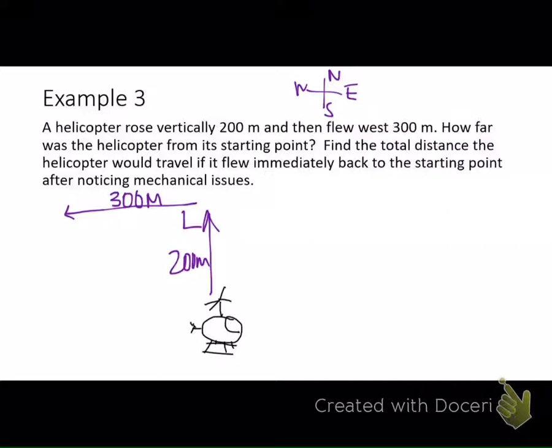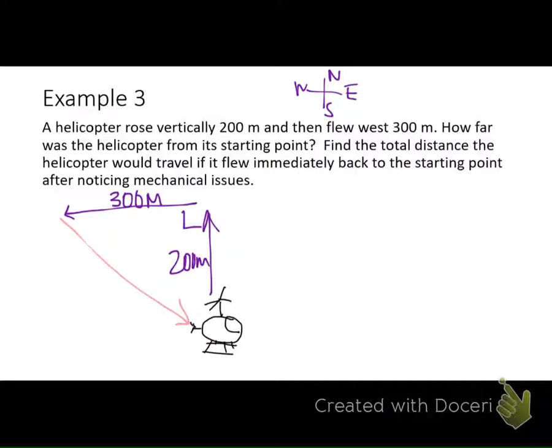All of a sudden, we want to know the distance to its starting point. It also tells you that you want to know the total distance this helicopter traveled, because it's going to go back to its starting point because it notices mechanical issues. So it's going to go up and out and go back.